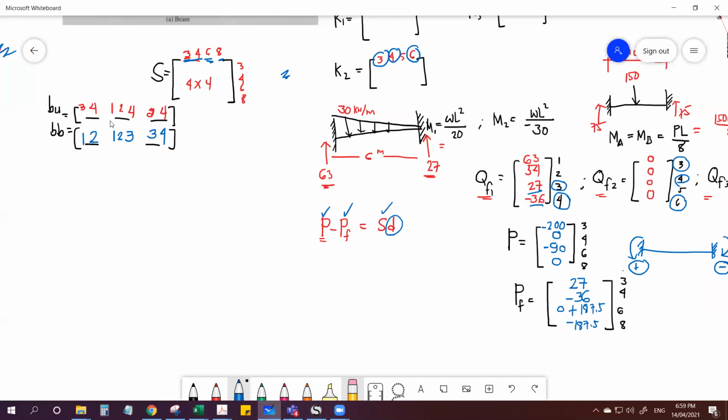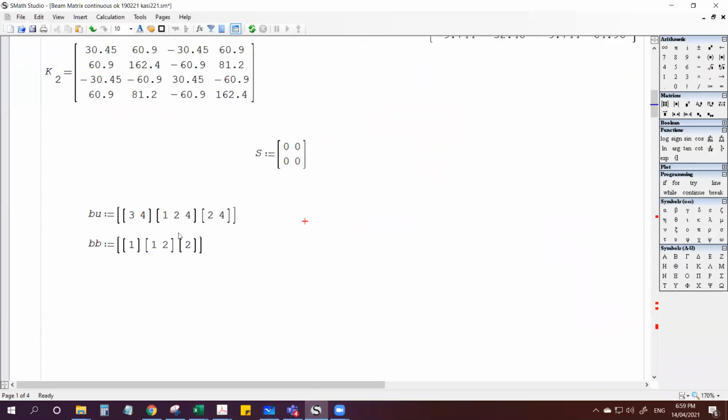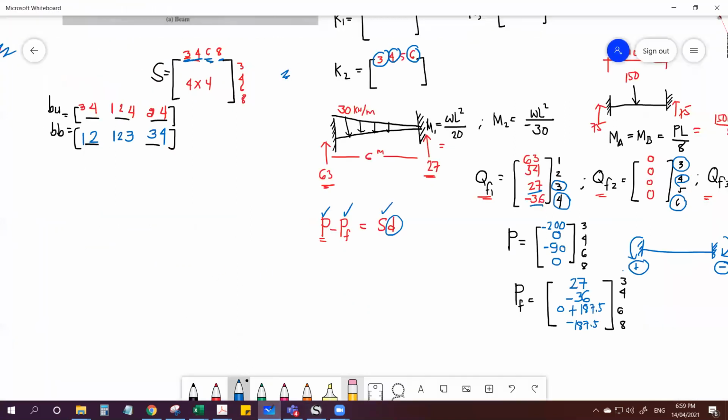Okay. 3, 4, 1, 2, 4, and 2, 4. And then here 1, 2, 1, 2, 3, and 3, 4. I suggest if I already established the size here, I can just copy this, then paste. Then 1, 2, 1, 2, 3, 3, 4.